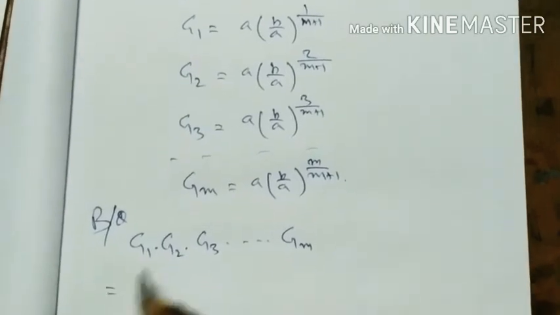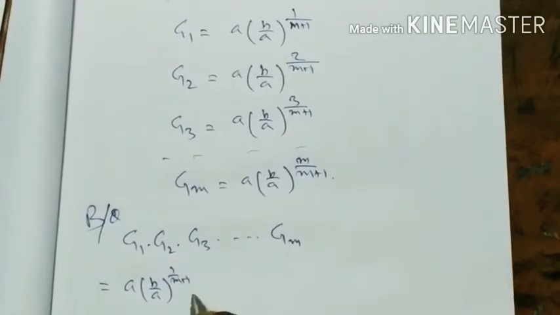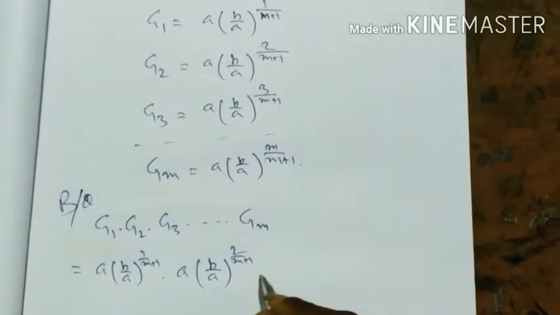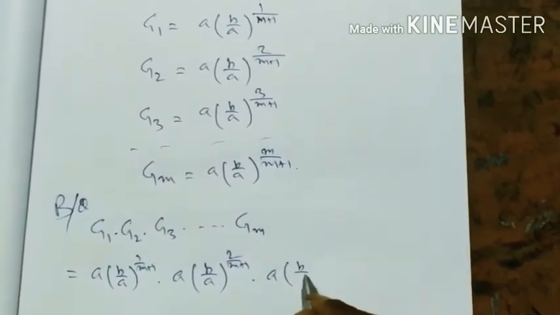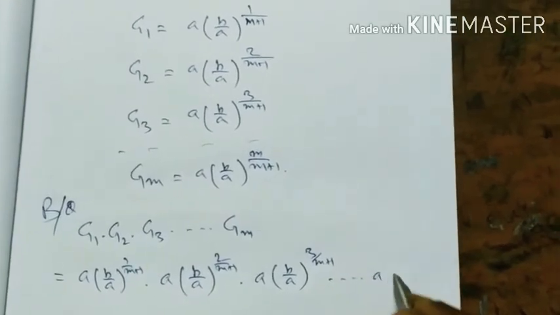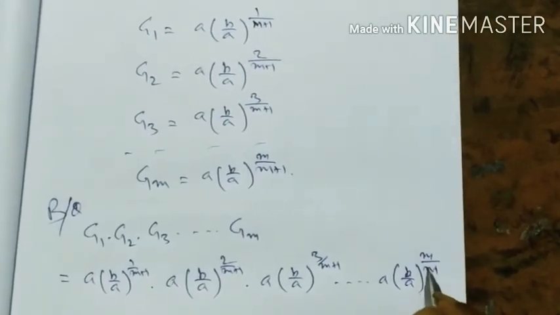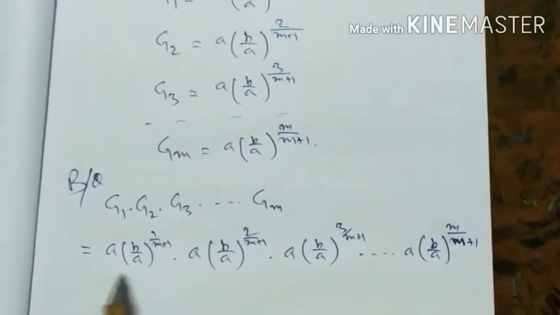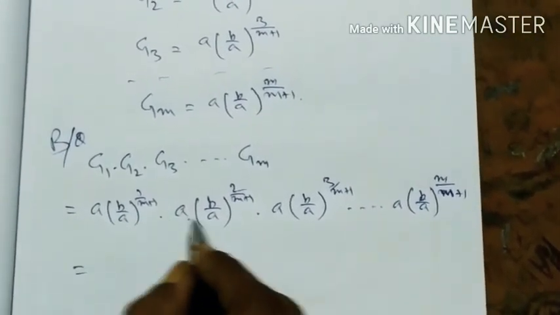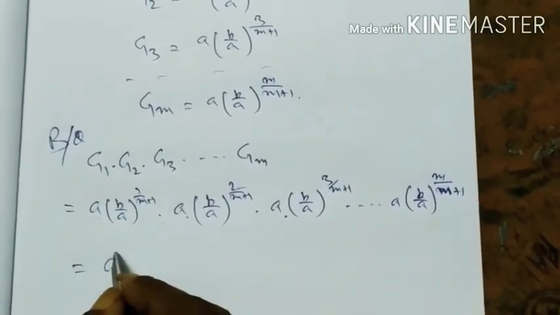So this is equal to a, b by a to the power of 1 by m plus 1, a, b by a to the power of 2 by m plus 1, a, b by a to the power of 3 by m plus 1, up to a, b by a to the whole power m by m plus 1. There are m a's, so it will be a to the power of m.